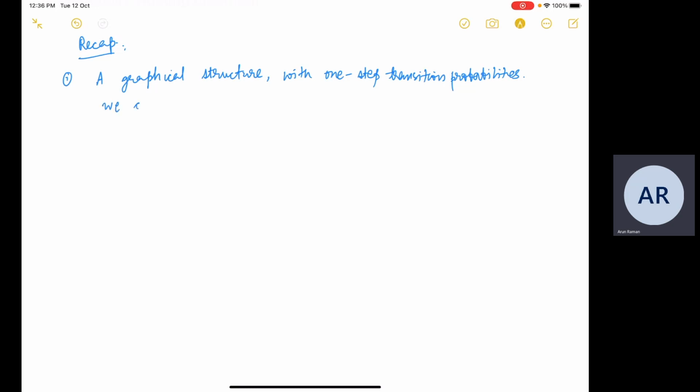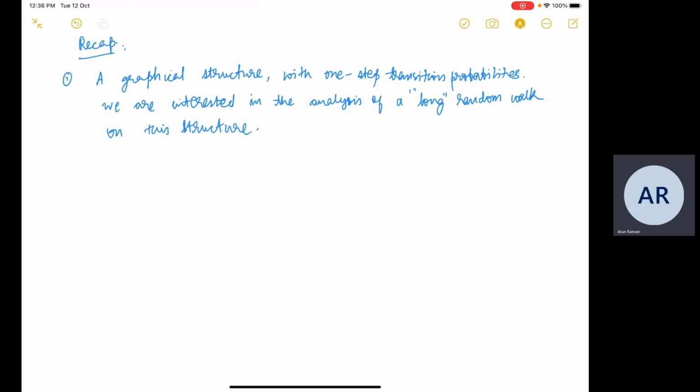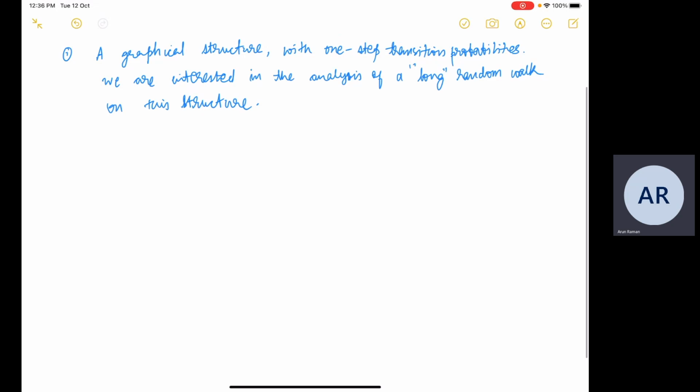And we have been interested in the analysis of a long random walk on the structure. So this is what we have been doing in the past two lectures.